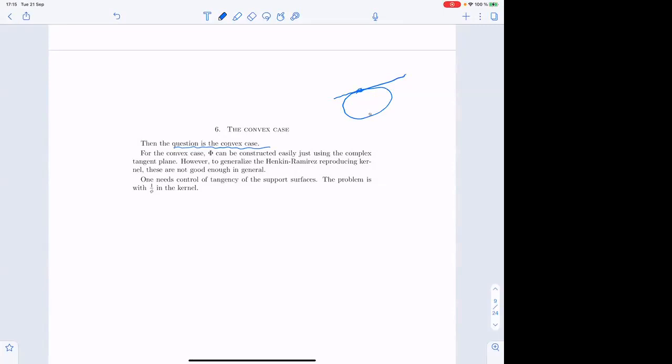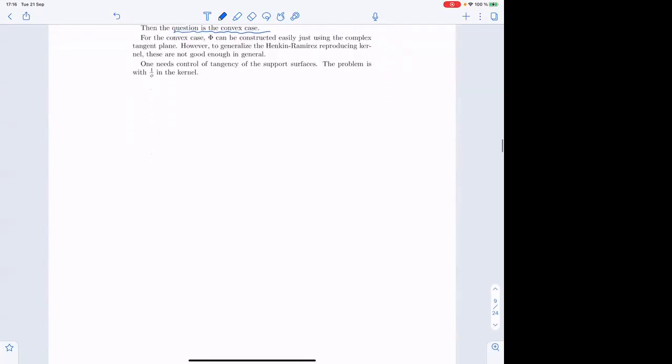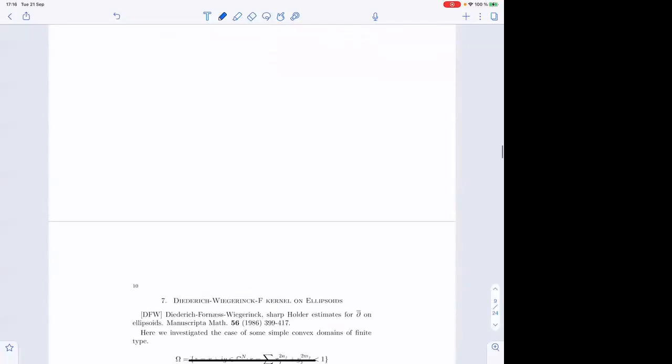So the function phi can be written down using the complex tangent lines, the tangent space. But to get the Henkin-Ramirez reproducing kernels, these are not good enough in general. Because, as I said, if the tangency is too high, then the 1 over phi becomes a big problem in the kernel. So that's the question then, what to do.